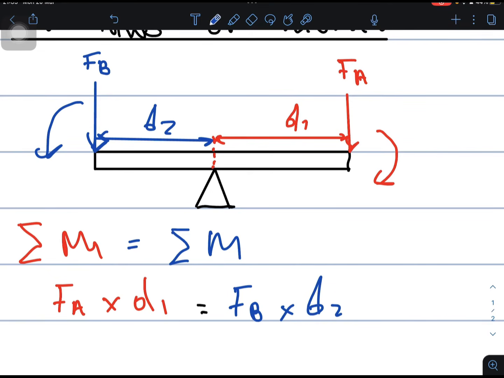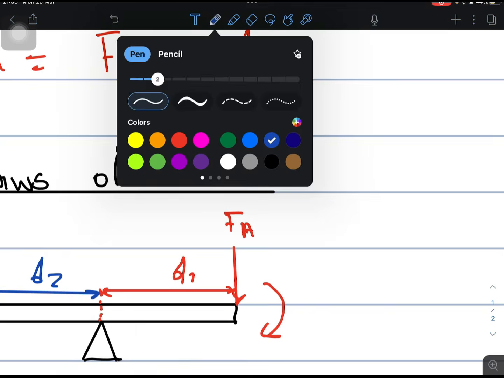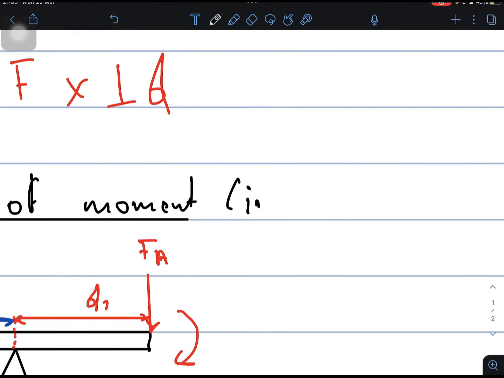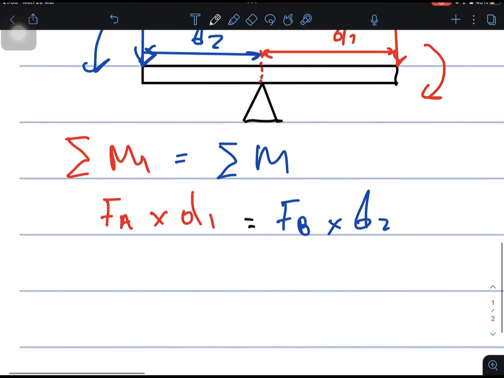In simple terms, this is the law of moments. Hence again, when we talk of the law of moments, we talk of a beam that is not moving, in equilibrium, meaning the forces are balanced, so this beam is not able to turn in any direction.